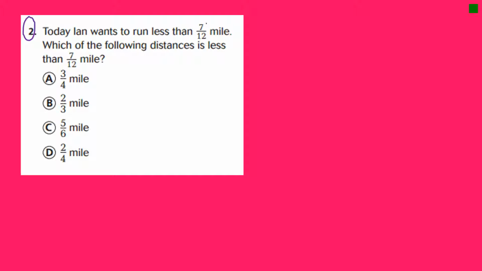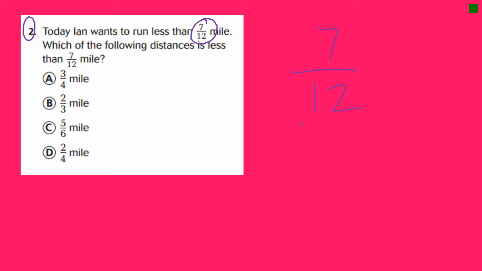I'm going to look at 7/12. What do we know about 7/12? Okay, well, let's focus on our benchmark 1/2. Thinking about 7/12, now I just want you to decide, is that more than half or less than half?